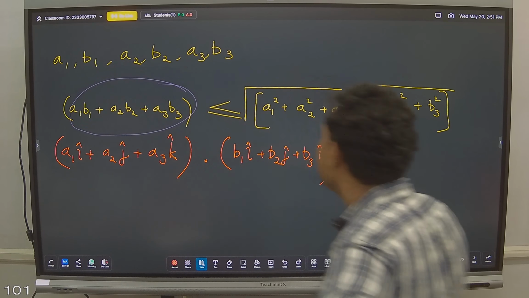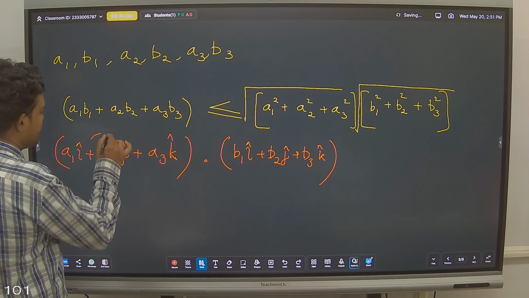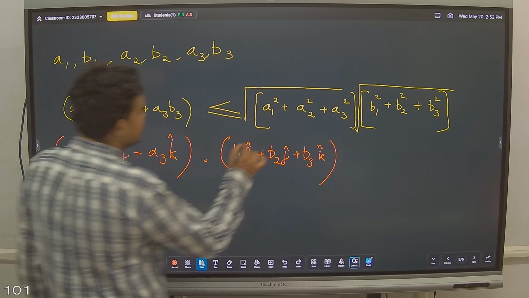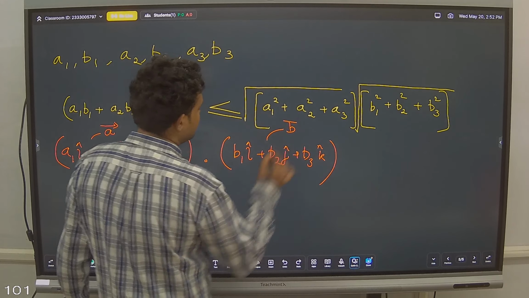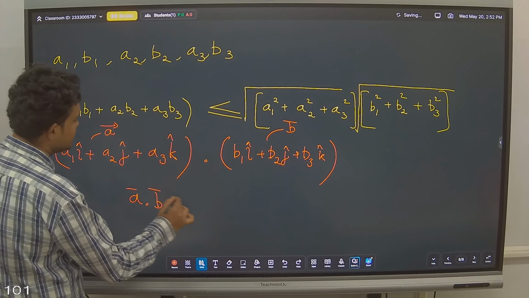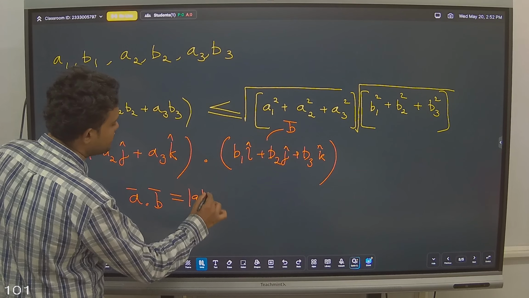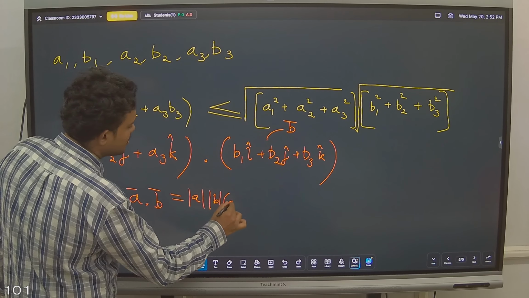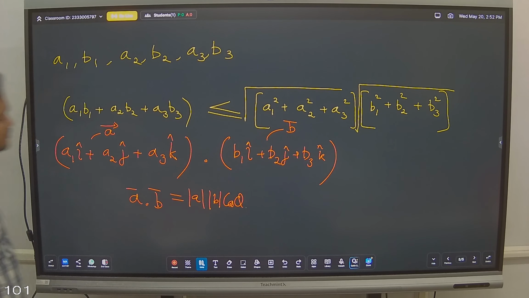So essentially, if you have two vectors, let this be vector A and let this be vector B, A dot B is equal to mod A mod B cos theta, right?